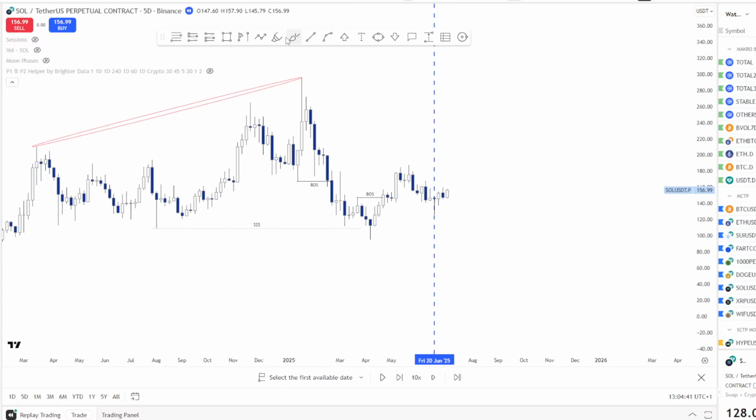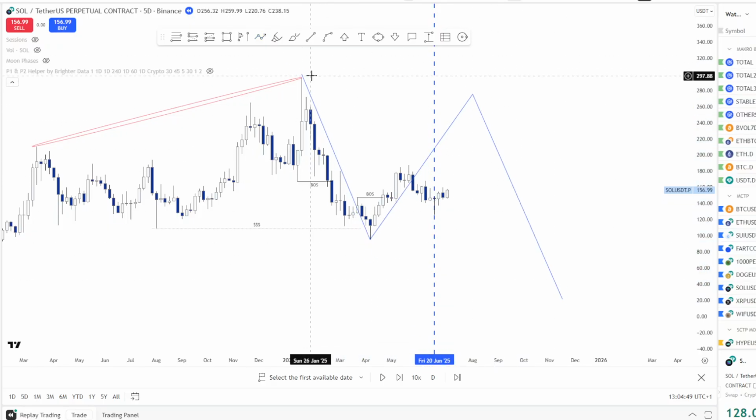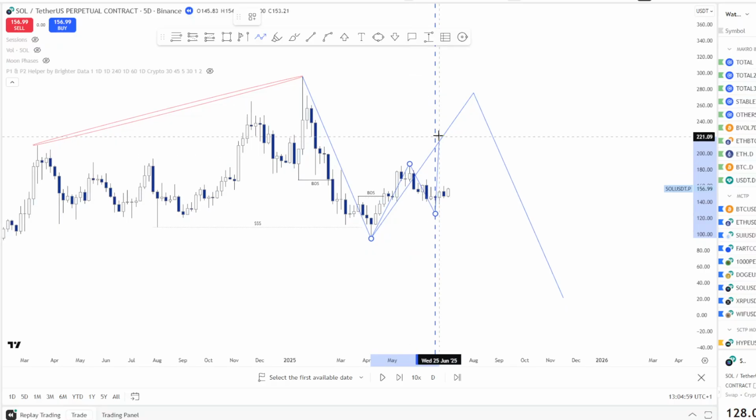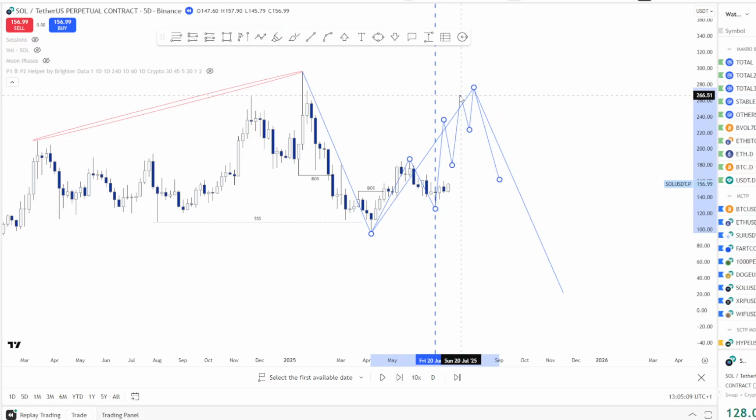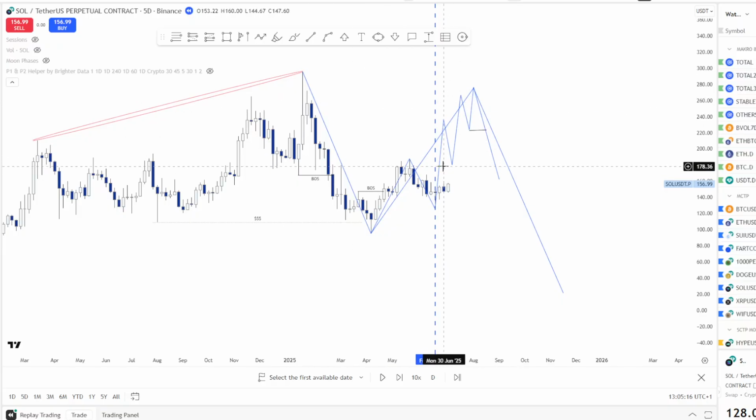And now what we can expect, so our higher time frame will look something like this, and our 5-day market structure could look like this, maybe. Yeah, it's pretty ugly, but it could look like this. And here we break back to bearish, for example.